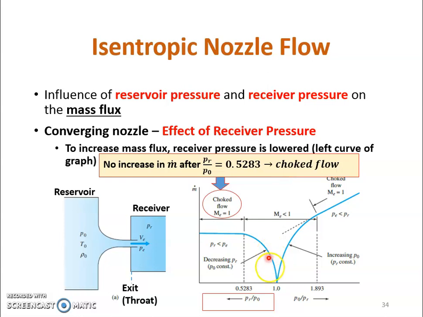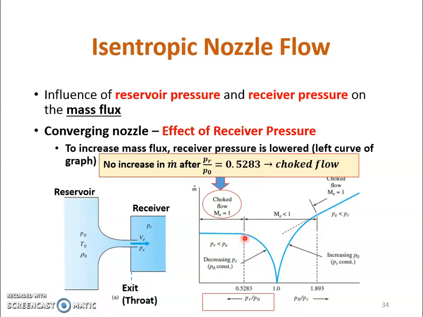We can see from this line, the left curve, from here to here, this is in terms of the receiver pressure to the reservoir pressure. The reservoir pressure is constant, so as we decrease the receiver pressure, we get an increase in the mass flow through the nozzle.